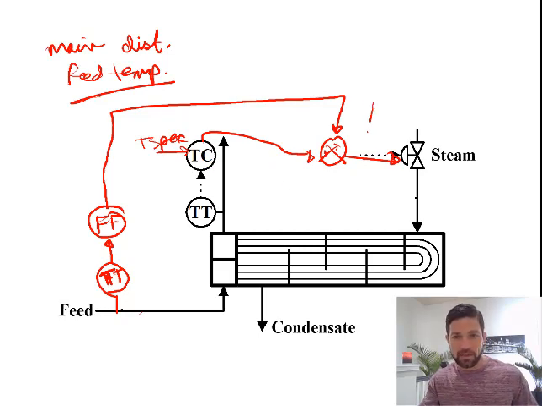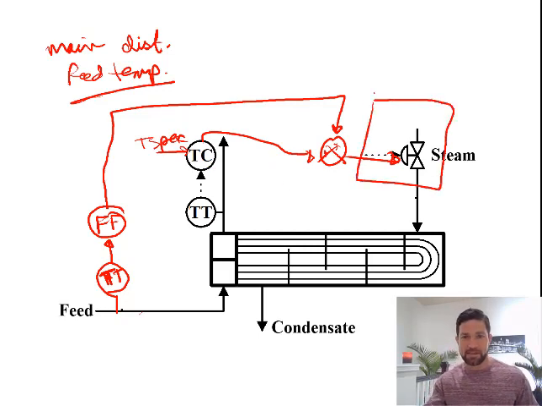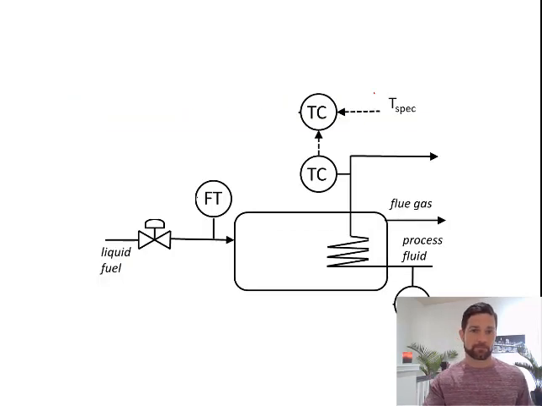Also note that, like before, we can incorporate the same type of cascade scheme inside this feed forward stream as well. Okay, so when you're incorporating multiple types of control like cascade, ratio, and feed forward, they can be implemented together in different ways, and you just need to be careful that you're setting them up properly. And we'll do a few more examples on this.